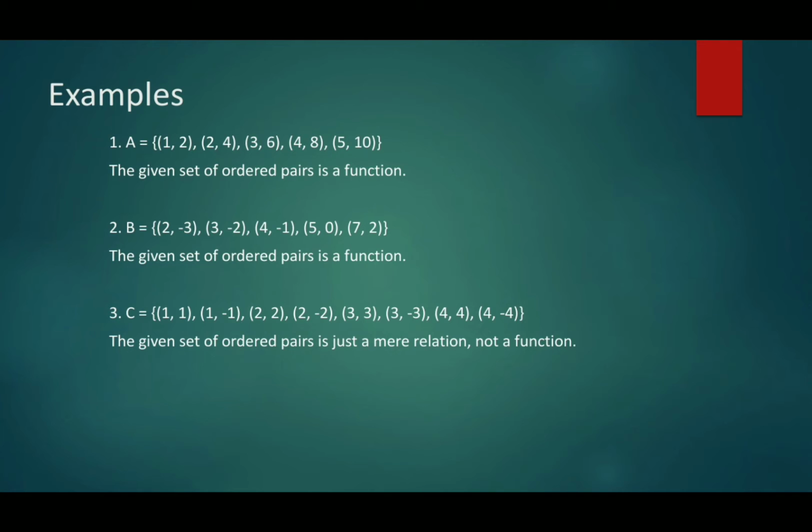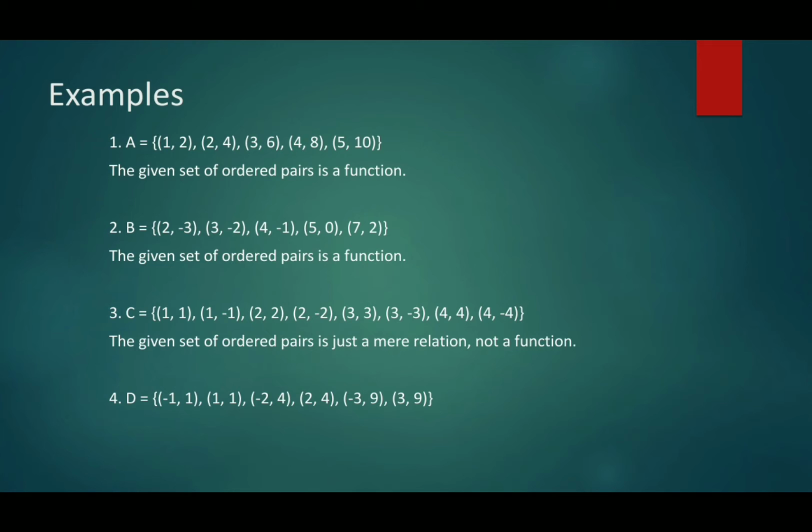So, the given set of ordered pairs is just a mere relation, not a function. It is not a function, only a relation. Why? Because their x's are 1, 1. Already in the first two ordered pairs, their x's are the same, which is 1, 1. Next also 2 and 2, 3 and 3, 4 and 4. The y is okay, don't mind it. But for the x, you need to check whether there are repeats or not. Since in number 3 there are repeats, it is considered a relation only, not a function.